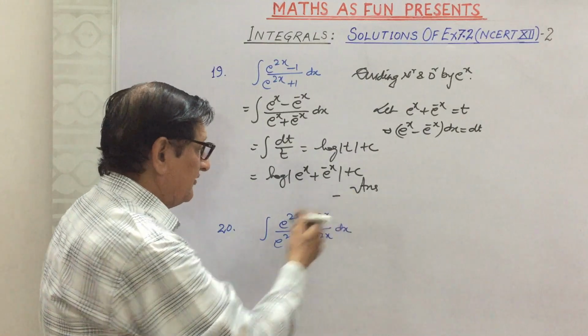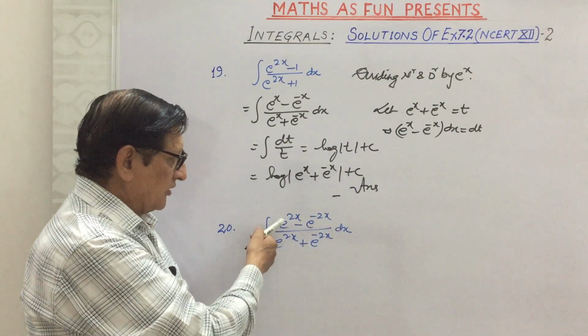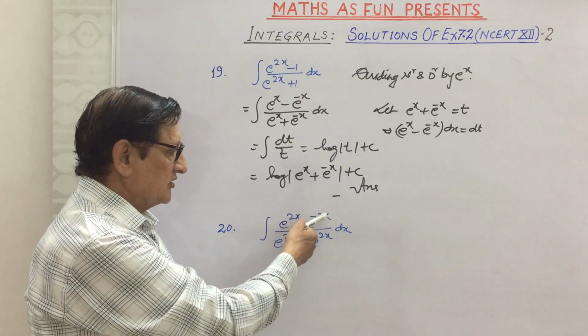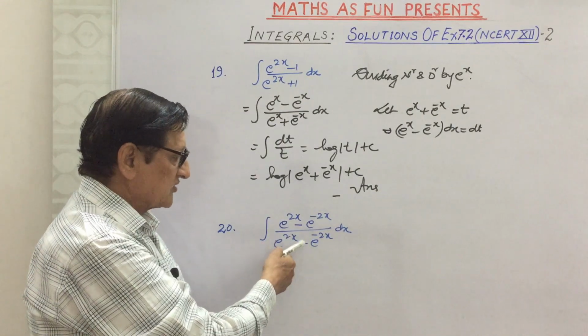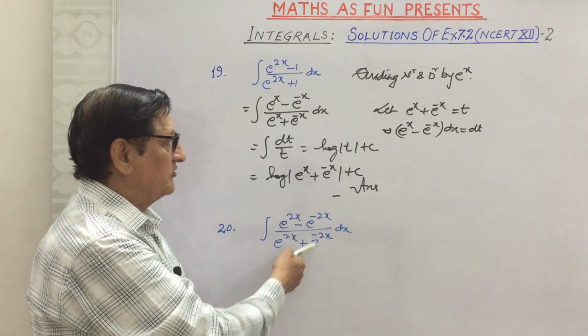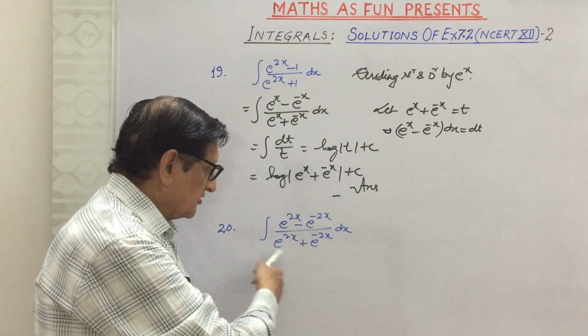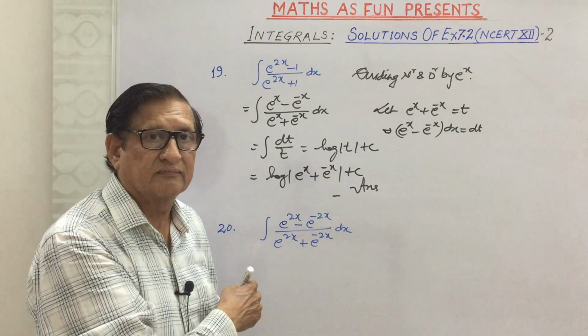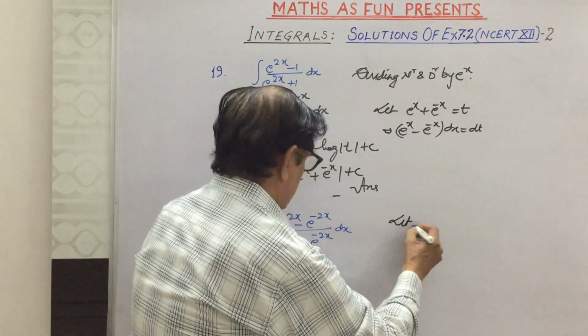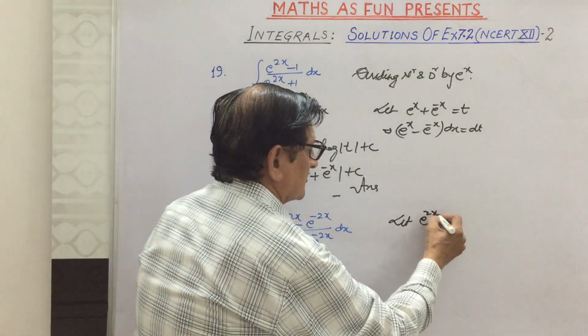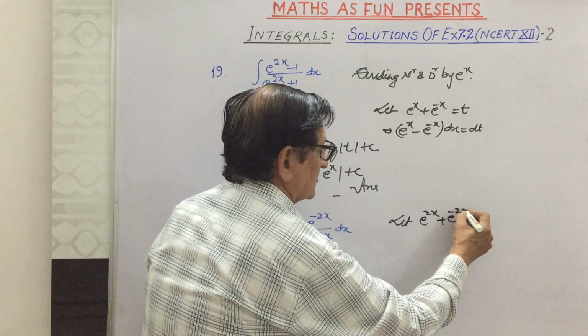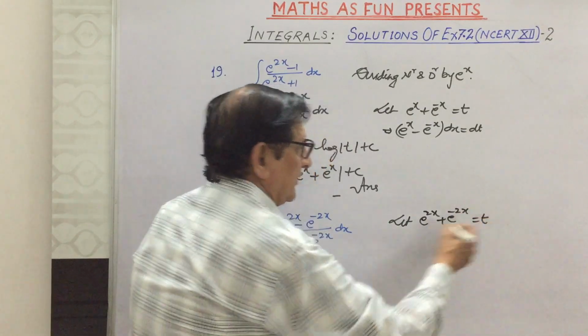Question number 20, we have integral of e to the power 2x minus e power minus 2x upon e power 2x plus e to the power minus 2x, which is similar to this. If we consider this denominator as t, considering e power 2x plus e power minus 2x equal to t.